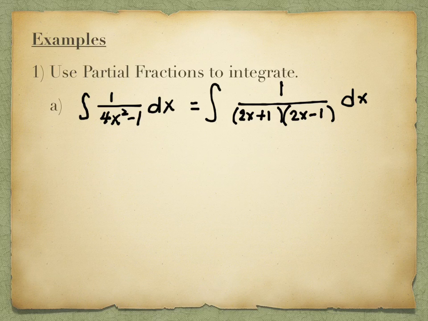I know you thought factoring was just for sissies in college algebra, but it's really useful because you have to be able to factor in this section. This is a difference of squares, and so it factors exactly the way Cameron said. The 4x squared becomes 2x and 2x at the beginning of each of the parentheses, and then the negative 1 at the back becomes a negative 1 and a positive 1.